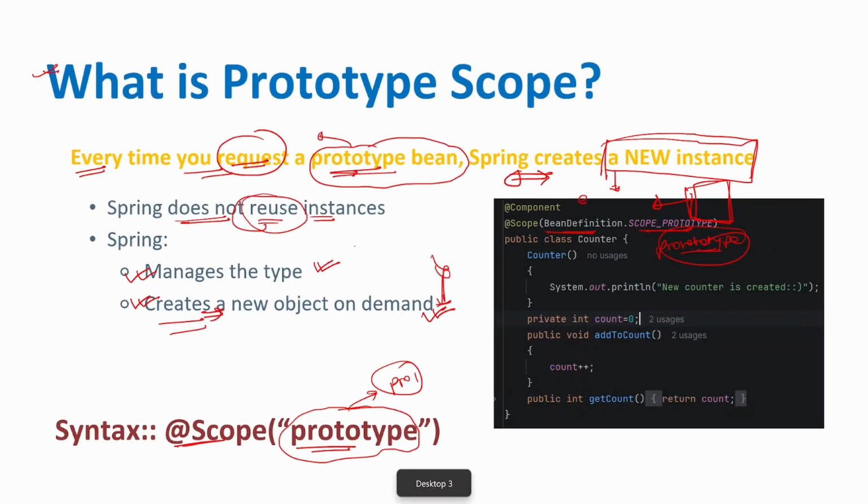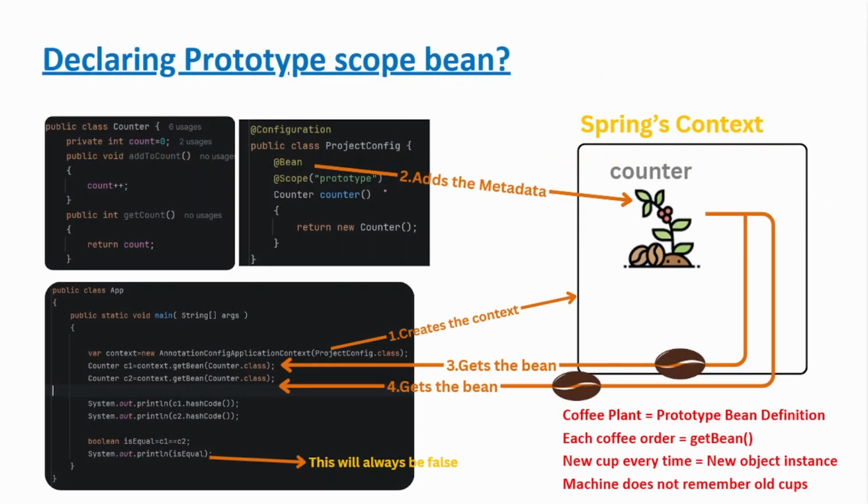So what happened in the prototype scope? In the prototype scope, every time we request a prototype bean, Spring creates a new instance for us. So basically, when we write this line where context is a new application context, it will first create the blank or empty Spring context, and Spring does not add the counter instance to the Spring context.